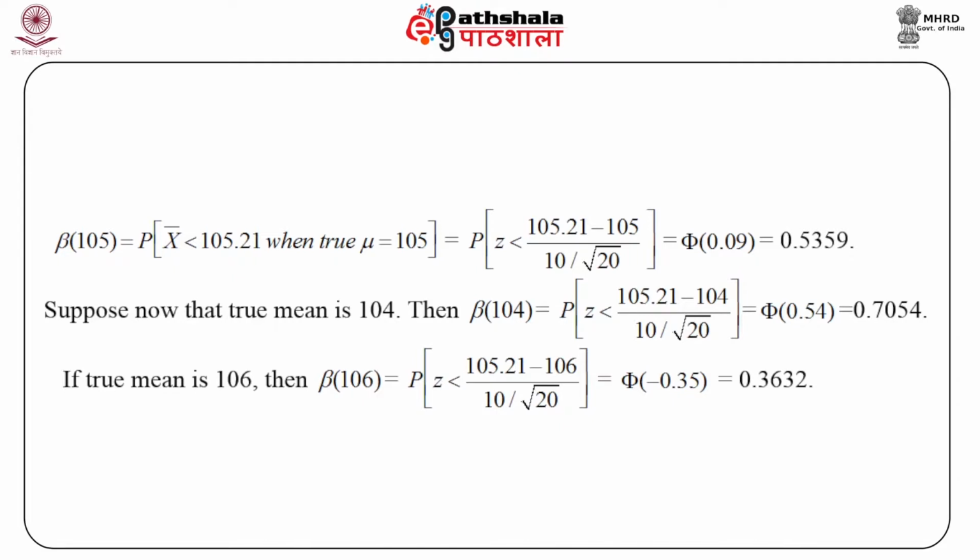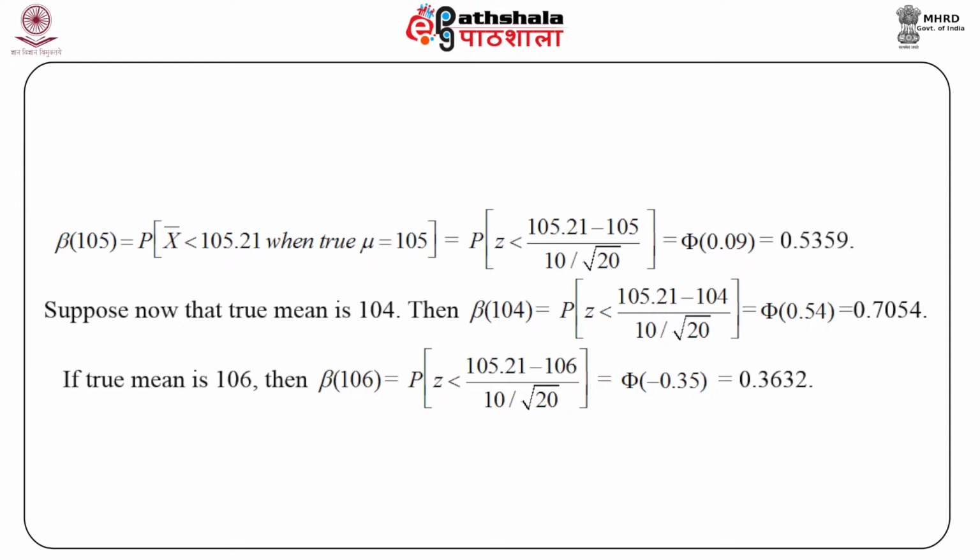and is equal to 0.5359. Now, suppose that the true mean is 104, then beta 104 will be equal to the probability of z less than (105.21 minus 104) upon 10 divided by under root 20, which is phi of 0.54 and is equal to 0.7054.